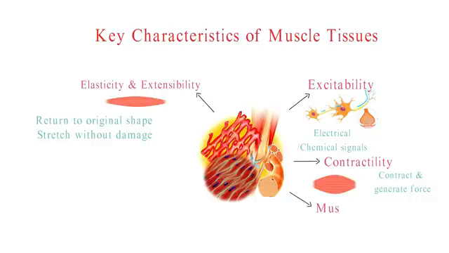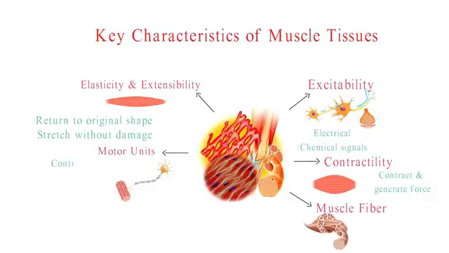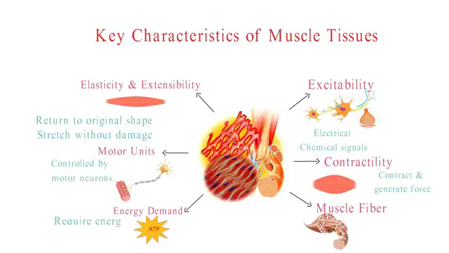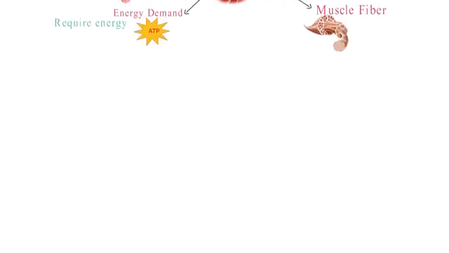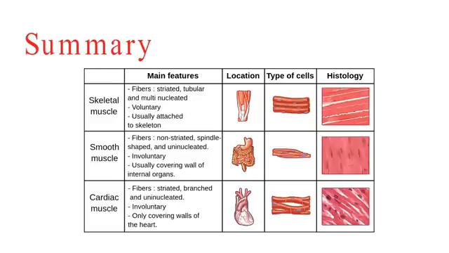Muscle cells are often referred to as muscle fibers. Skeletal muscles work in motor units, controlled by motor neurons. Muscles require a lot of ATP to function. These incredible tissues keep us moving, ensure our organs function, and keep our hearts beating in the case of cardiac muscle.